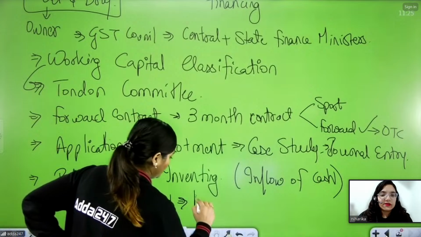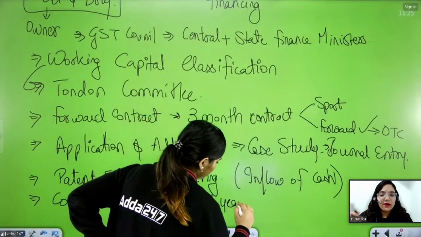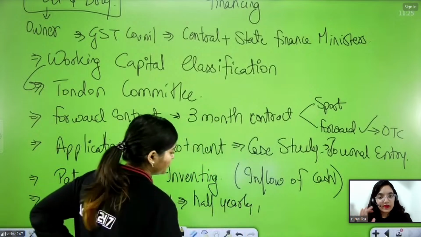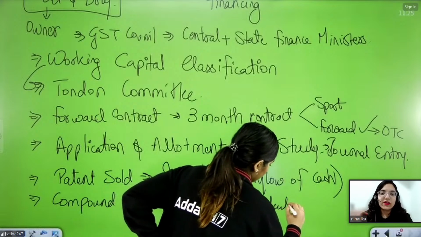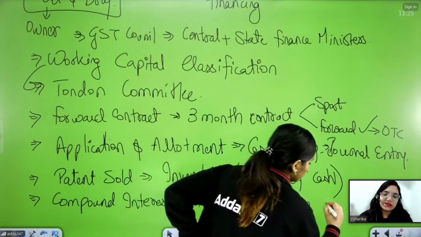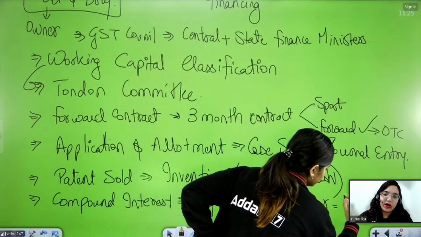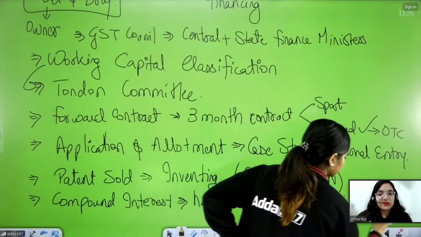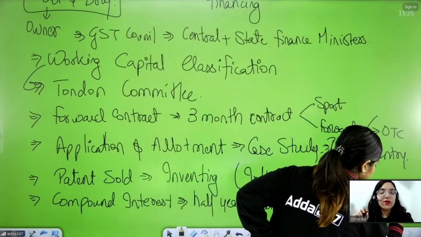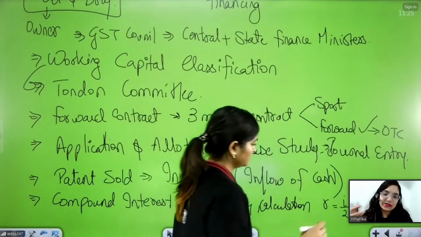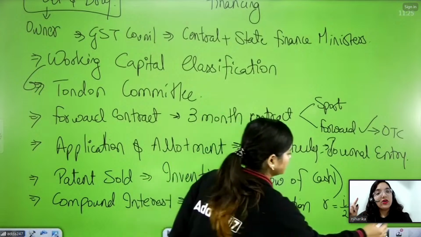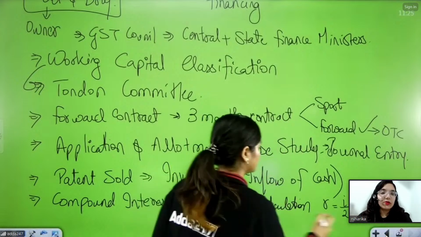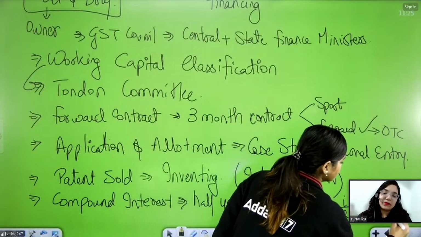When we talk about this area, always remember, if we are converting into half yearly or quarterly, in the examination they can ask half yearly in one and quarterly in another. So you have to divide your interest rate by that number, and the number of years of compounding has to be multiplied by the same.